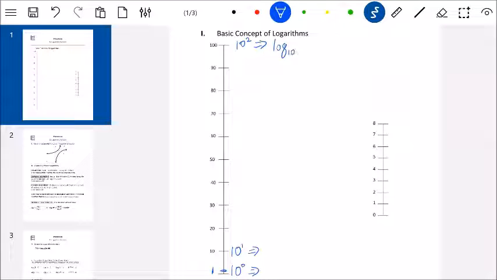Log base 10 of the number 100 is equal to the exponent that it takes. So we have 10 raised to the power of 2. So this is the base 10 raised to the power of 2. So it's like it comes over to here.